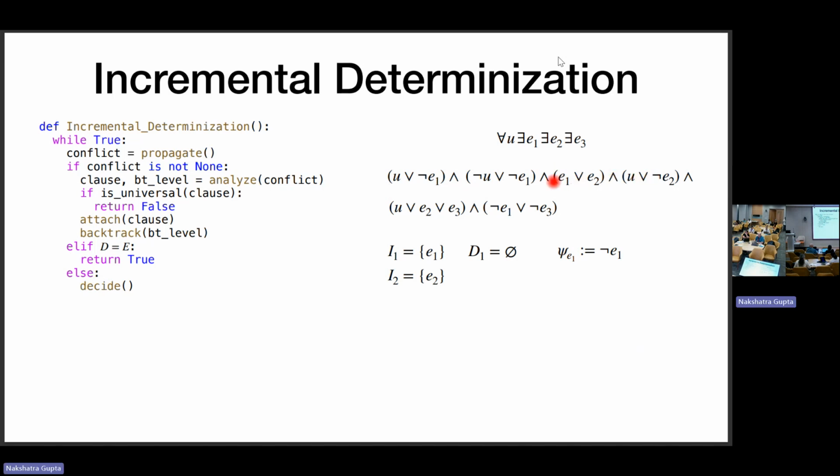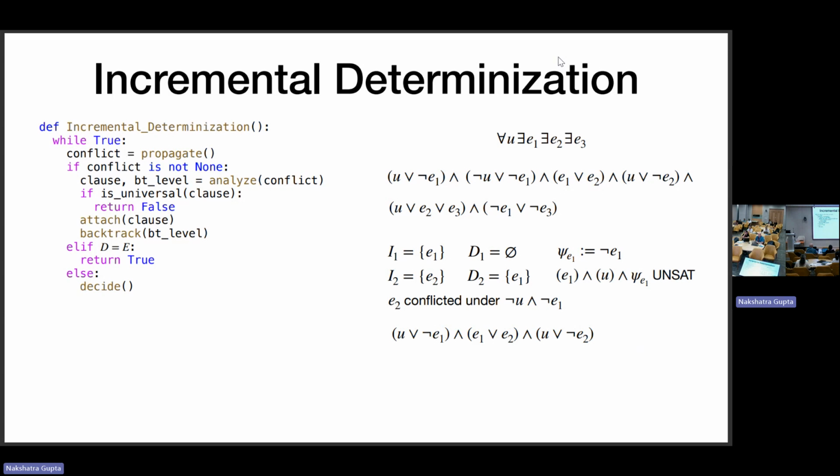But it's also conflicted, right? If we plug in E1 here, E1 is already a constant function, so E2 has to be true. But if we assign U false, then E2 has to be false as well, right? So this variable E2 is conflicted now. This is unsatisfiable, and E2 is conflicted under this assignment, which is consistent with our strategy for E1.